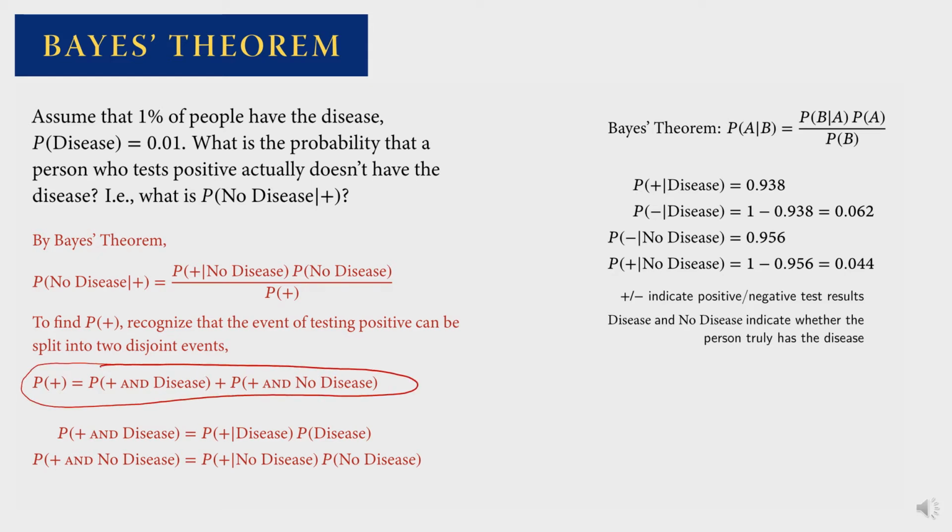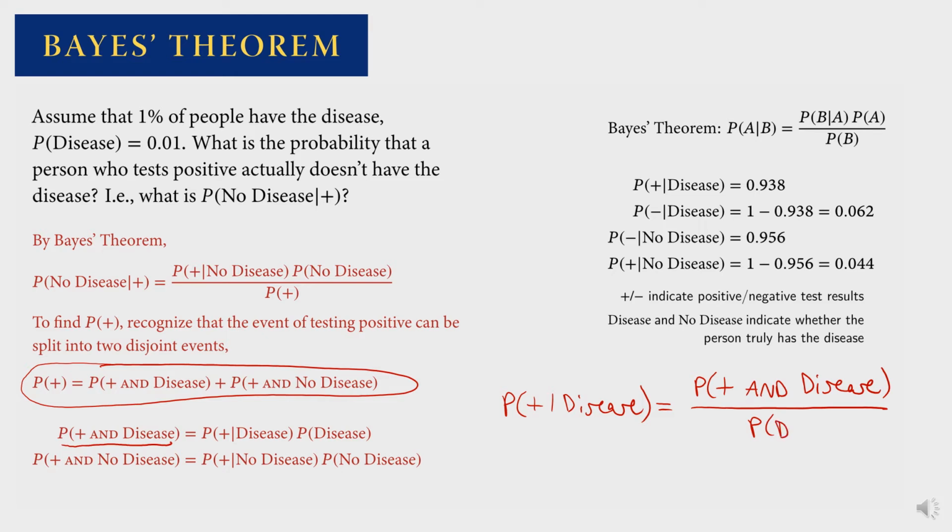And we can find the probability of positive and disease by using the conditional probability definition, probability of plus given disease, plus and disease, divided by P disease.